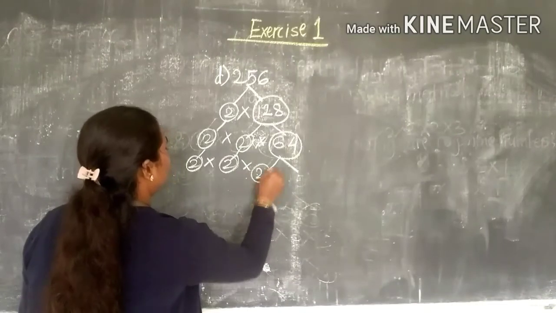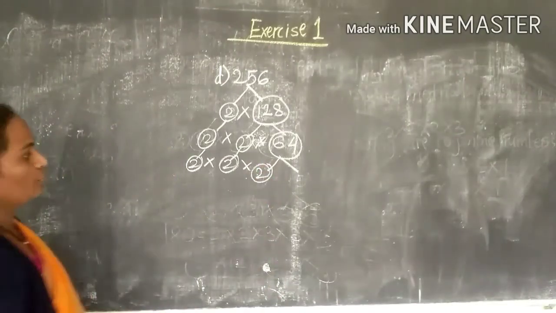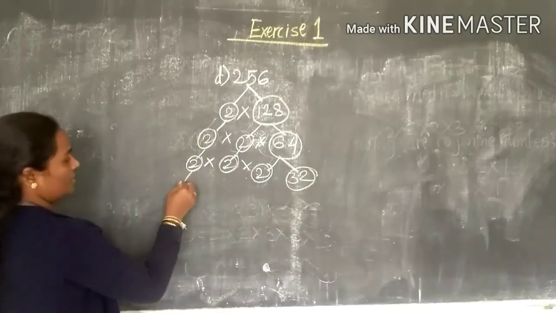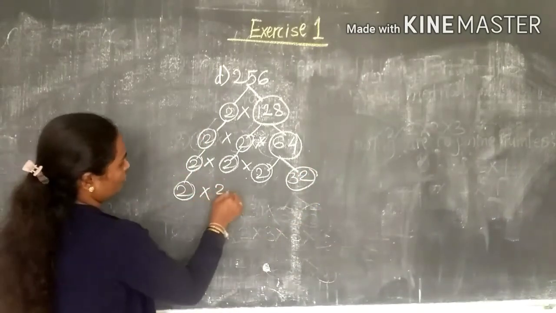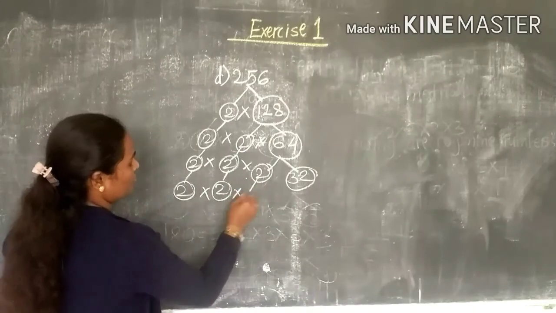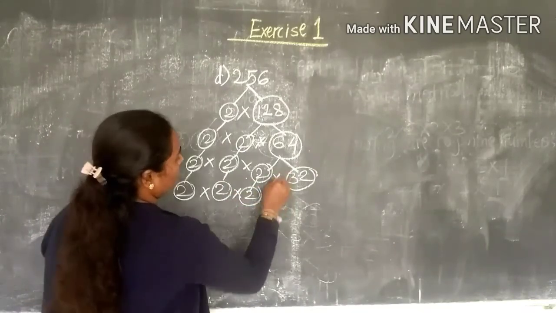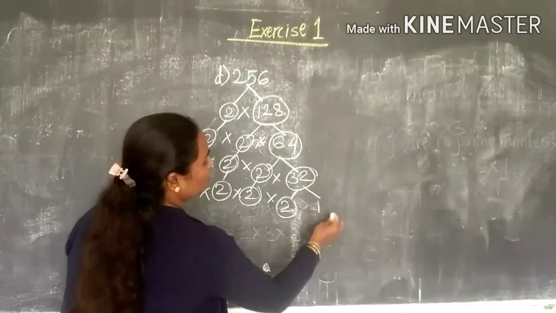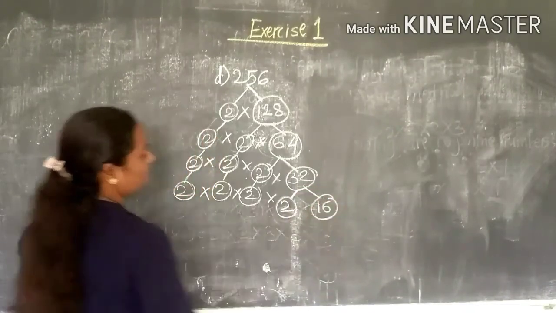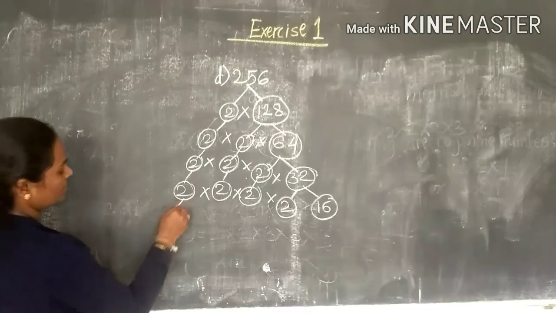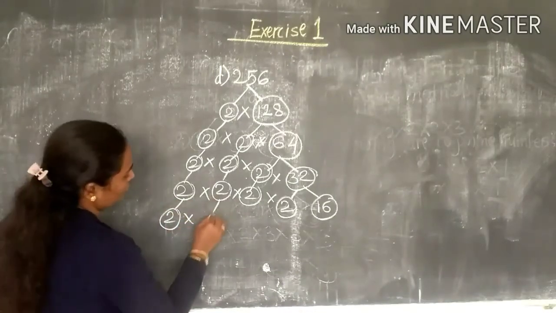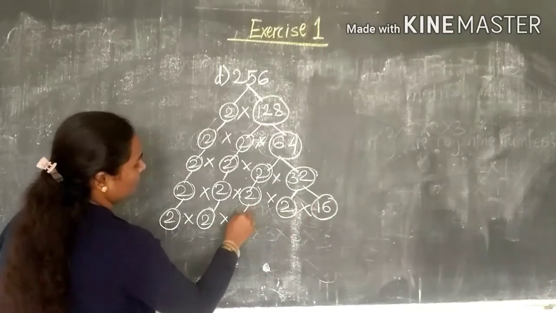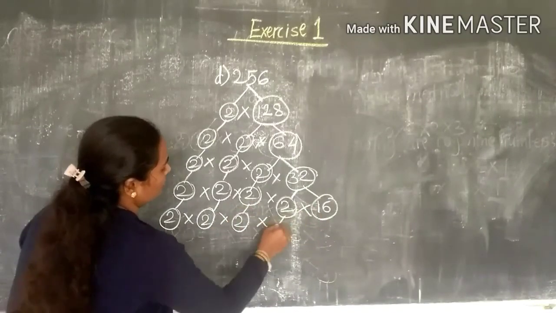Again we should divide 64, that is 2 3s are 6, 2 2s are 4. Next 2 into 2, this is 2. Again we can divide it, 2 1s are 2, 2 6s are 12. Next 2 and 2, 2 here, again 2, and here again 2.